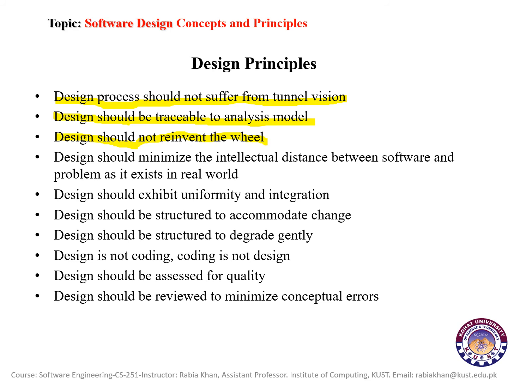The fourth design principle states that design should minimize the intellectual distance between software and problem as it exists in the real world. Now, what does this mean? The structure of the software design should, whenever possible, mimic the structure of the problem domain.